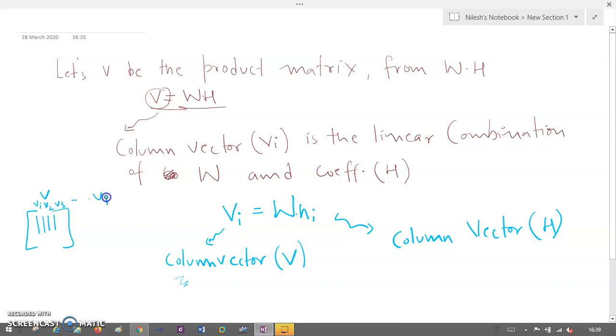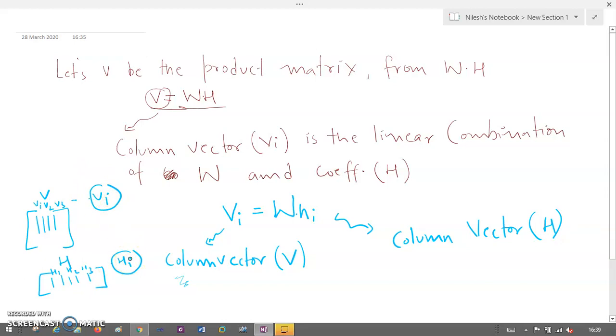So in general this is V of I, and H is going to be like this. All these are H, so this is going to be H1, H2, H3, and so on to Hi. So I'm talking about these small v of I and small h of I.